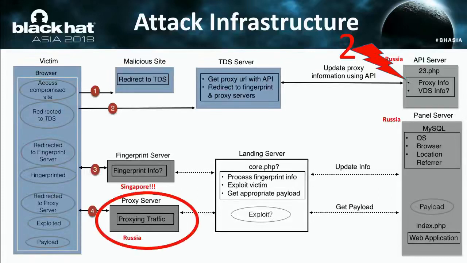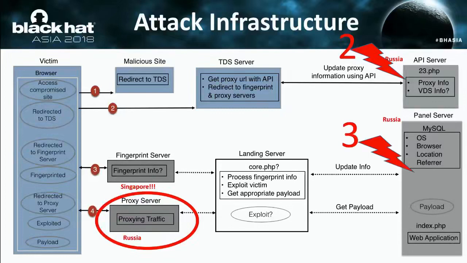Basically, the TDS server connects to the API server, and a customer uses the API link and can access the API server as much as he wants and generate the proxy server's domain as much as possible. This can lead to the exhaustion of the proxy server's domain. I will give you a detailed explanation later on how we can attack.